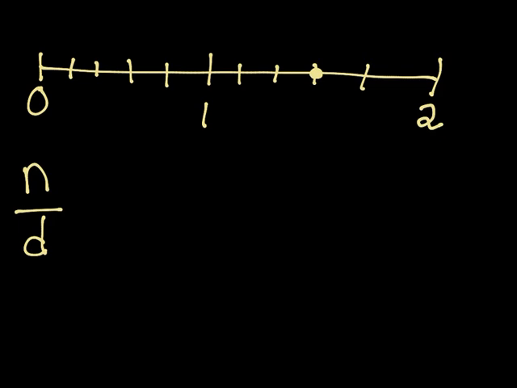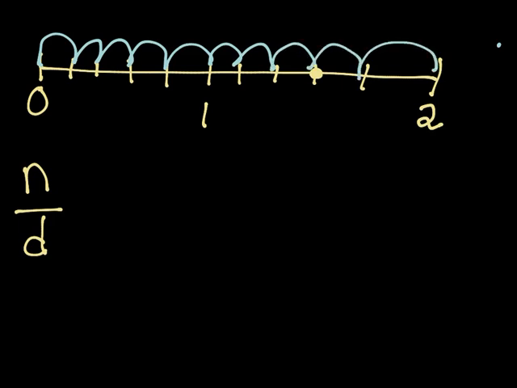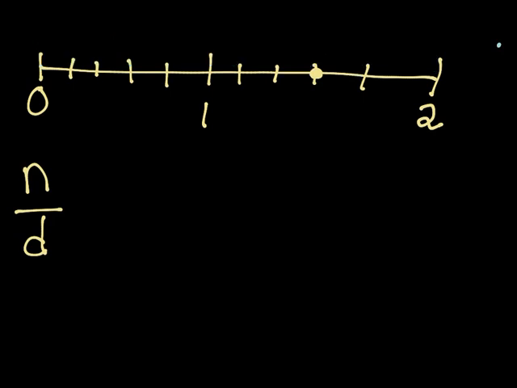So if I was doing it wrong, I might say, okay, 1, 2, 3, 4, 5, 6, 7, 8, 9, 10. And I might put 10 as my denominator. That's not correct because that thing is more than 1. So I'm just going to look at 0 to 1 for my denominator.